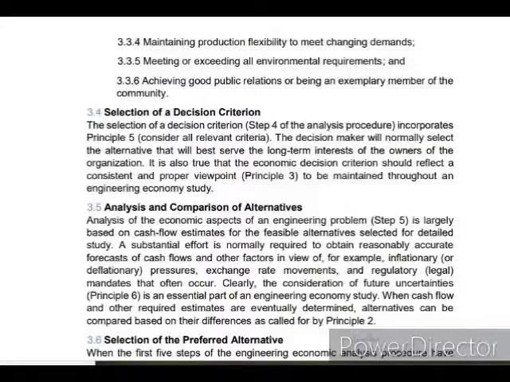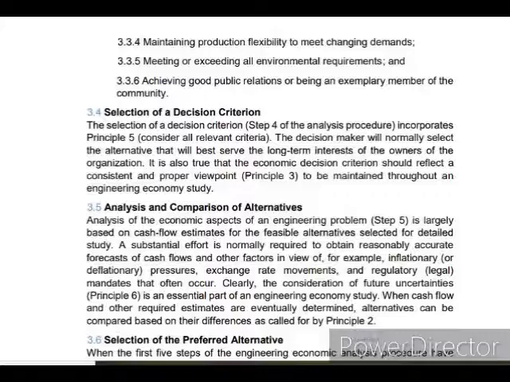A substantial effort is normally required to obtain reasonably accurate forecasts of cash flows. So our forecast or estimate should be close to accurate. Other factors, for example inflationary or deflationary effects, we should also consider, such as whether the peso versus the dollar is high or low.